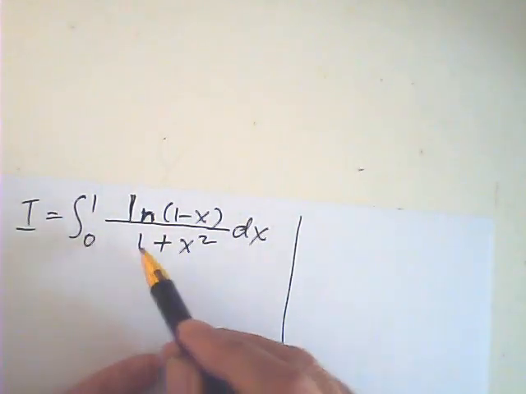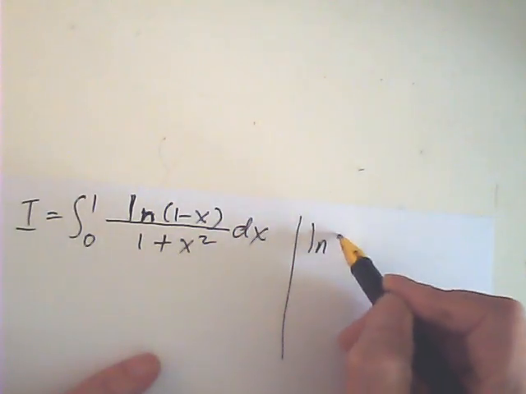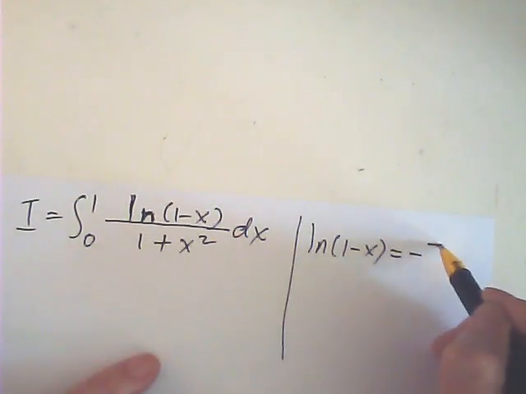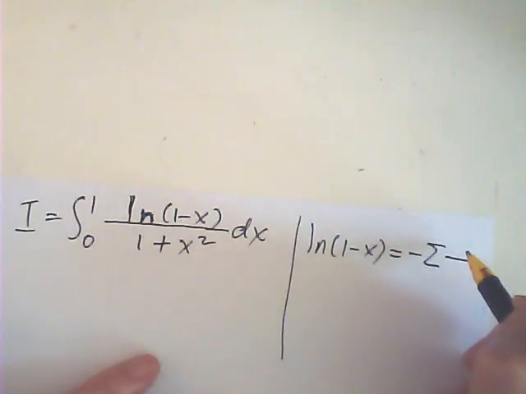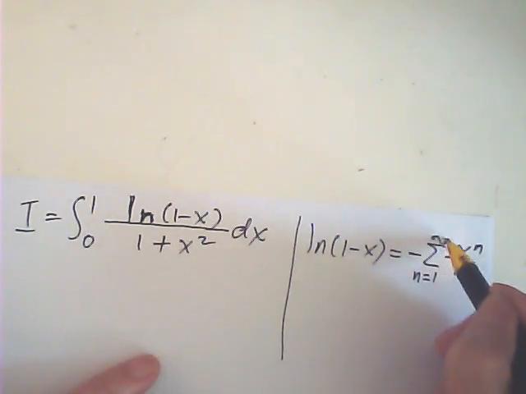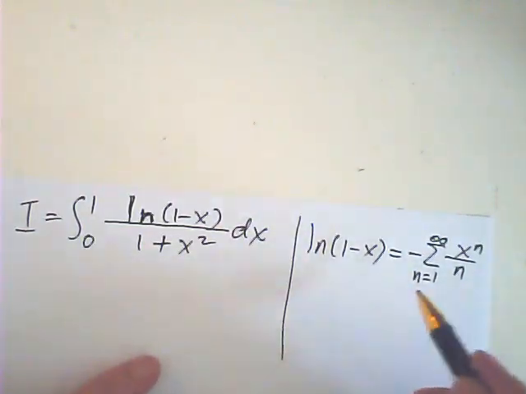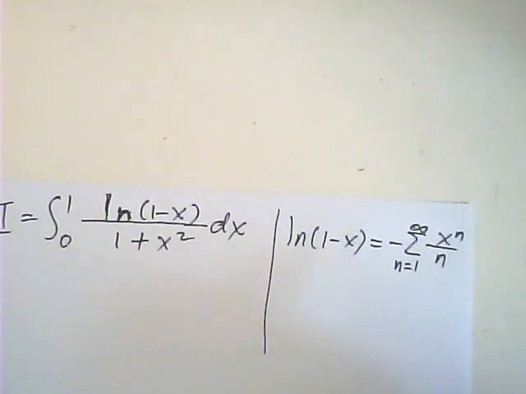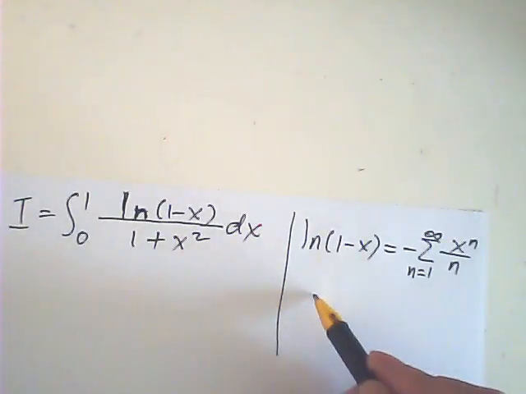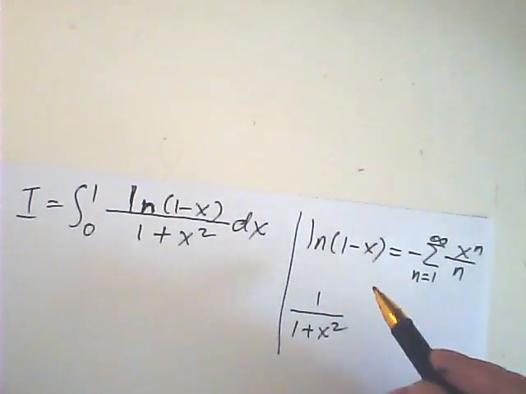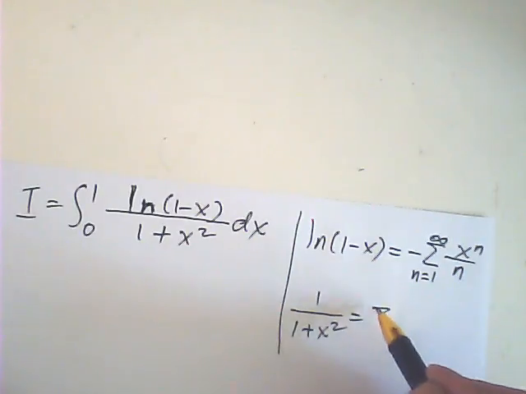Okay, now I know that the log function, log(1 minus x), is equal to negative sum of x to the n over n, right? n equal to 1 to infinity. This is a power series for the log function. And the power series for this, I think you must be familiar with.